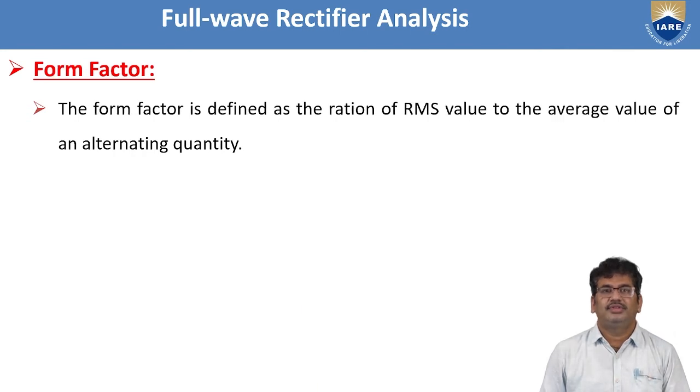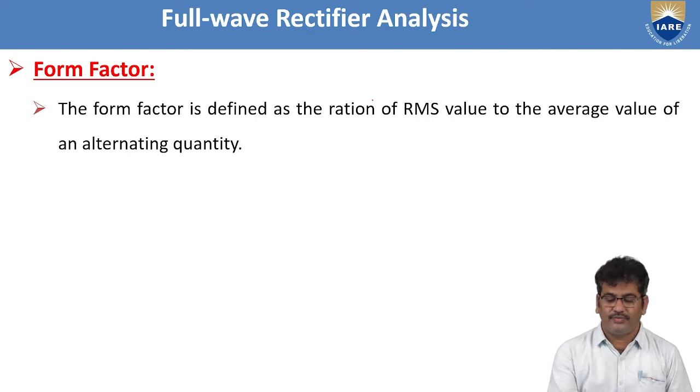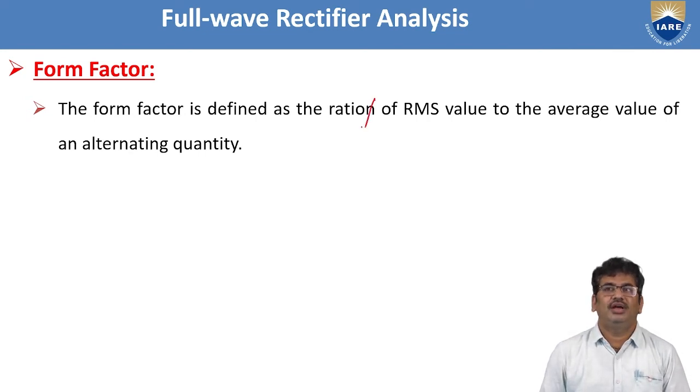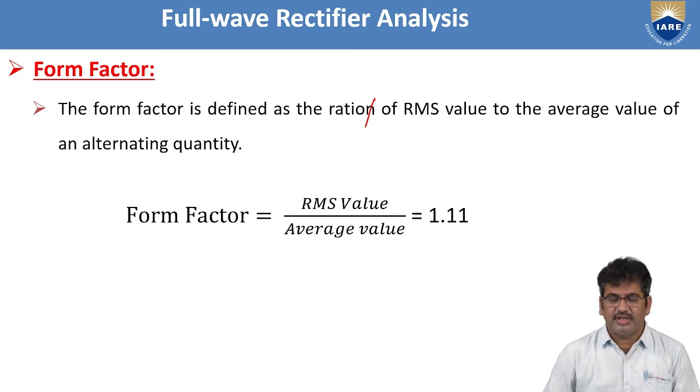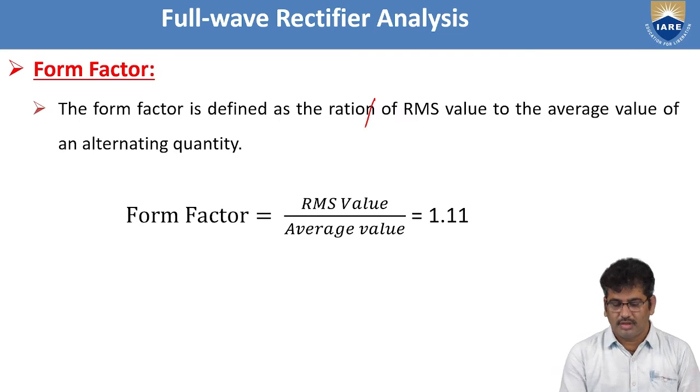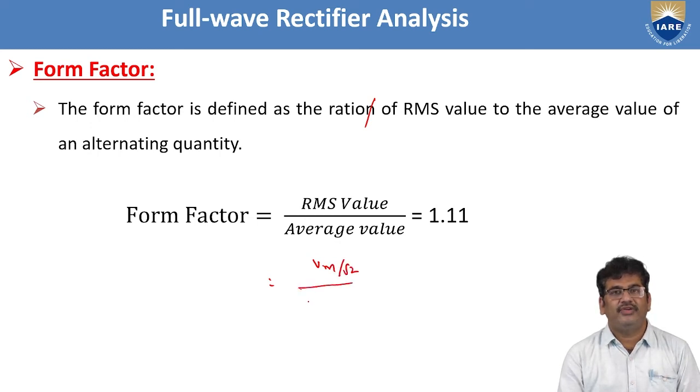The next factor which is used for analyzing the full wave rectifier is the form factor. The form factor is defined as the ratio of RMS value to the average value of the alternating quantity. So the form factor is equivalent to RMS value by average value. So here, what is the RMS value? The RMS value for the full wave rectifier with the center tap transformer is Vm by root 2, whereas the average value is 2Vm by pi.